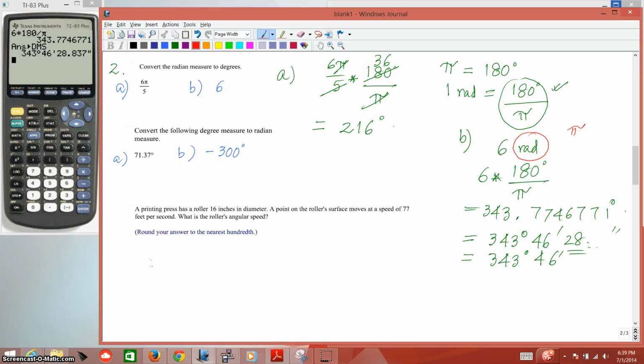So if I ask you to find your 6 radians, and you wrote it down like this, 6 pi times 180 degrees over pi, and you simplify, pi got cancelled. When you multiply, it does come out as a very nice integer value for that degrees, and that could be one of your choices in the multiple choice answers.